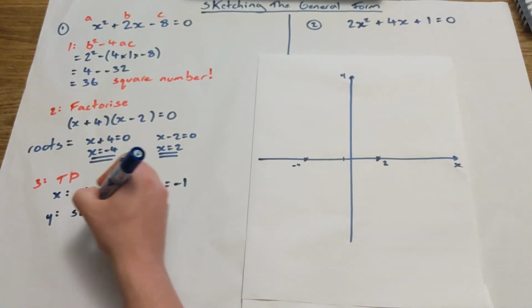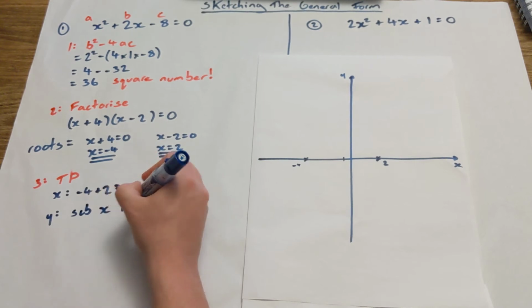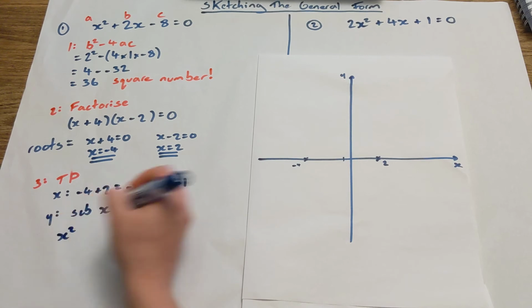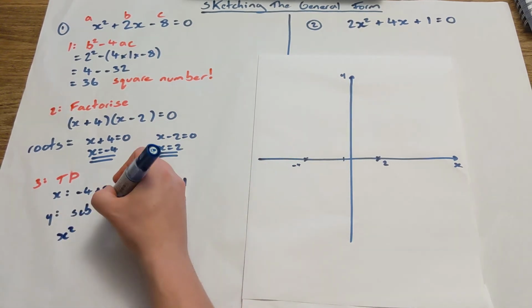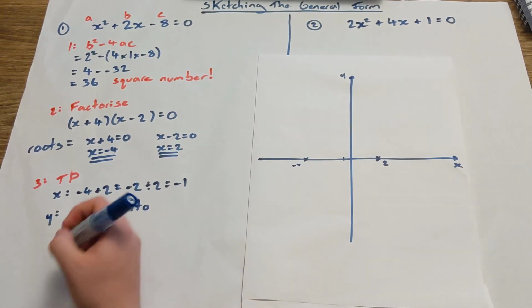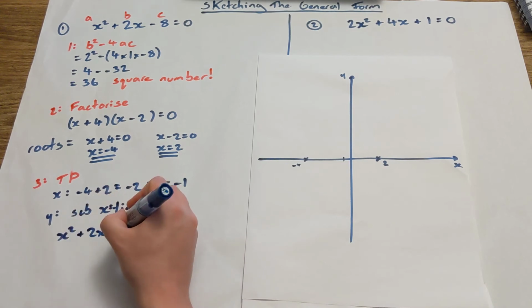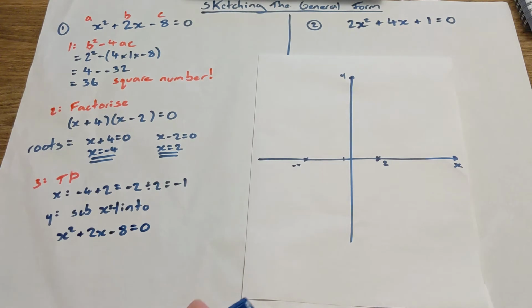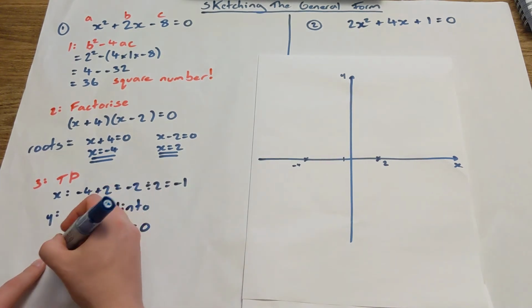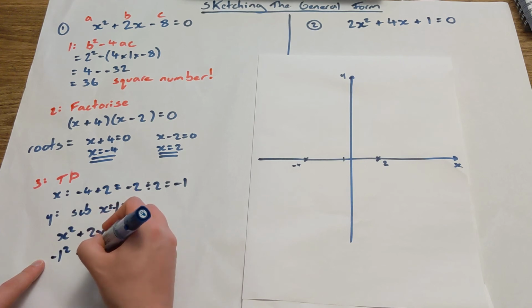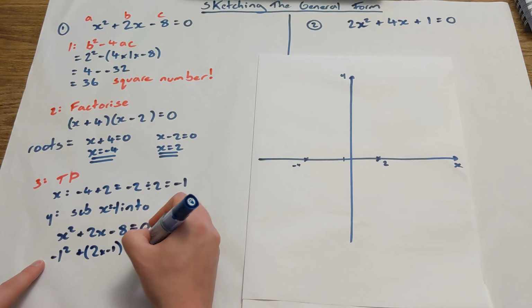So we're going to sub x equals negative 1 into x squared plus 2x minus 8 equals 0. So that means we're going to get minus 1 squared plus 2 times minus 1, take away 8.